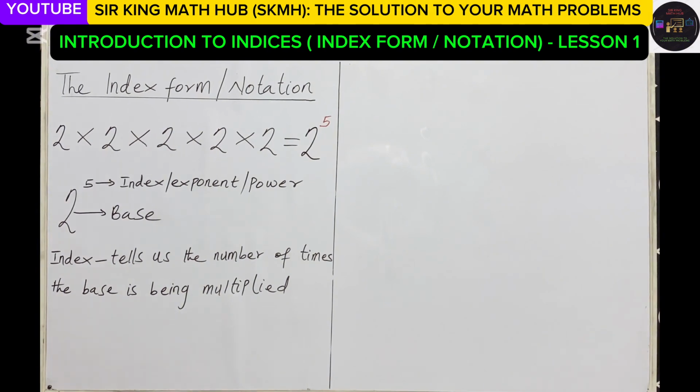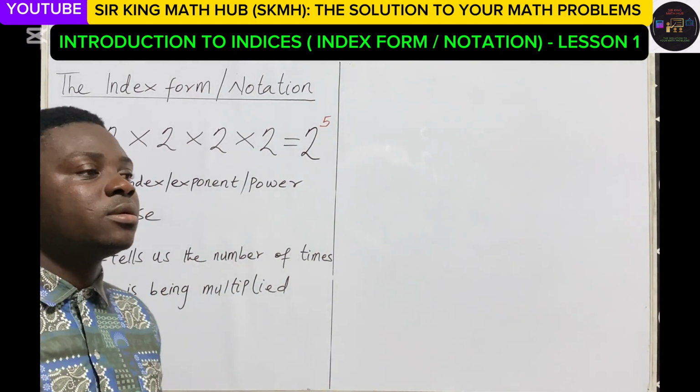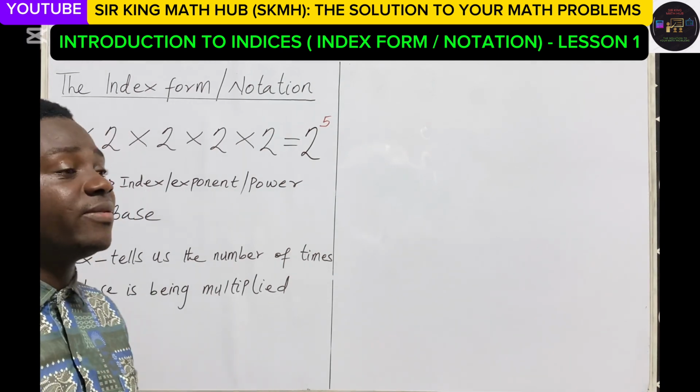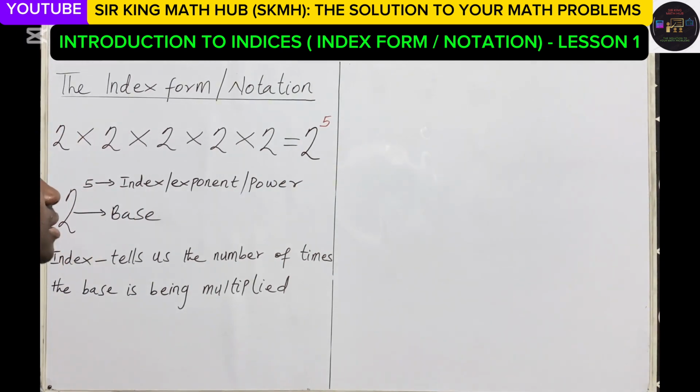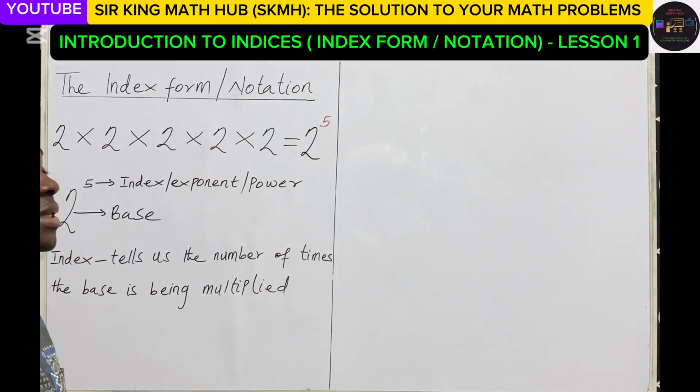So that is all about the index form. A situation whereby a number is being repeatedly multiplied by itself for some number of times could be represented in index form, an easier way of representing that number. In this example, we had a number which is 2 being multiplied by itself 5 times, and this can be expressed in index form as 2 exponent 5, or 2 index 5.